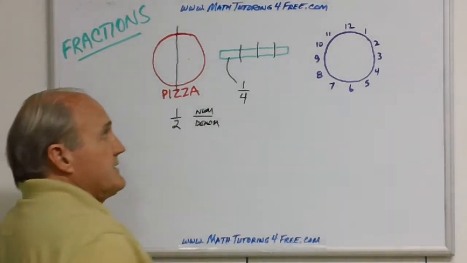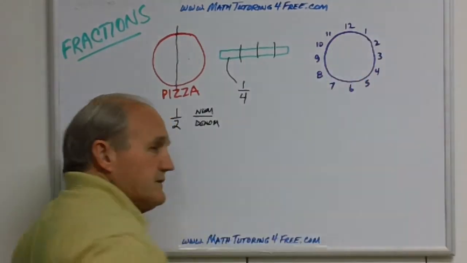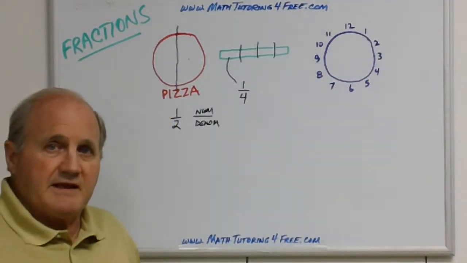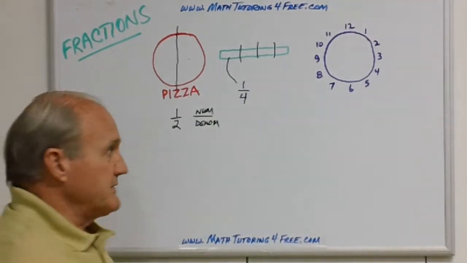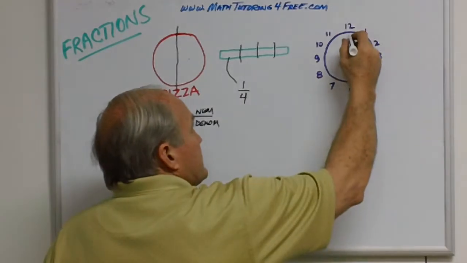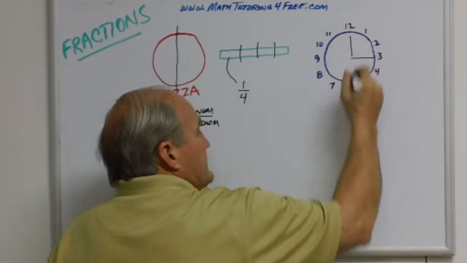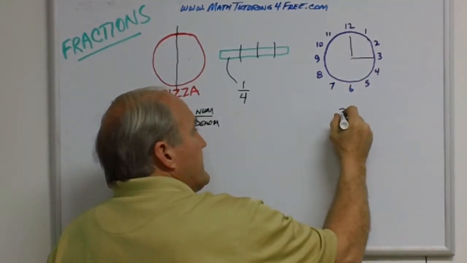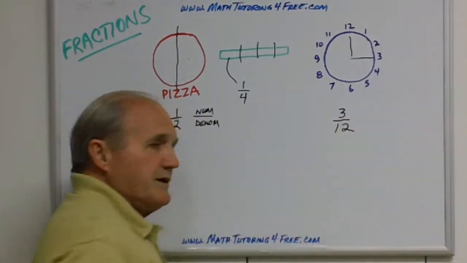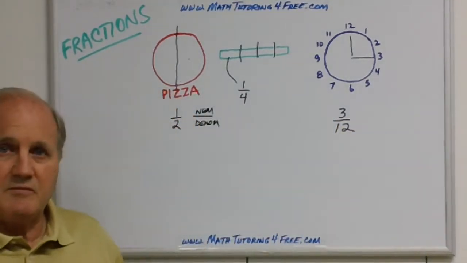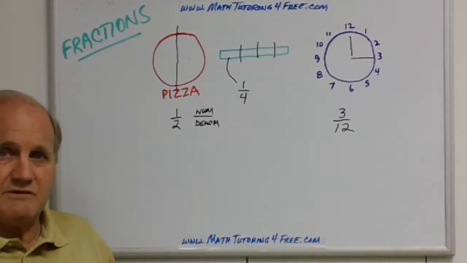If you look at a typical clock, we have from 1 o'clock to 12 o'clock, and we have divided that circle into 12 equal parts. So if it's 3 o'clock, that portion of the clock would be 3 over 12, 12 being the number of parts it has been divided into equally, and we're representing 3 of those 12.